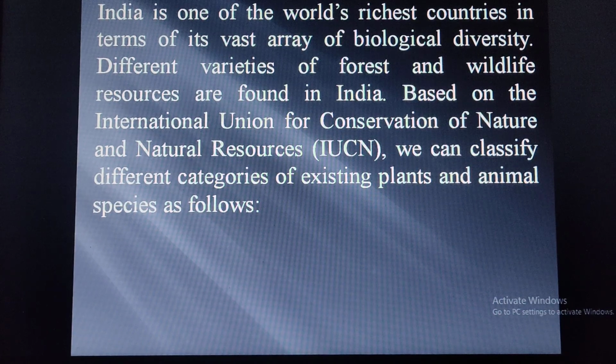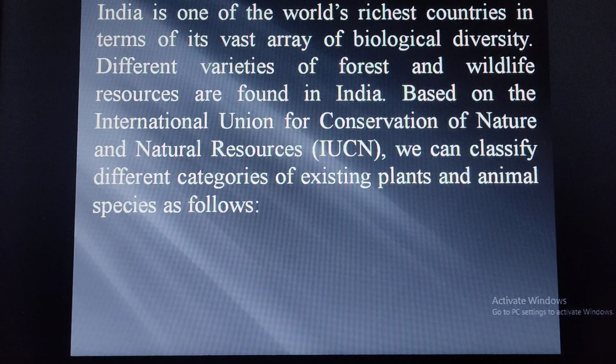India is one of the richest countries in terms of its vast array of biological diversity. As we have seen, different varieties of forest and wildlife resources are found in India. In India, you will see there are different types of forests and trees, as well as wildlife resources.